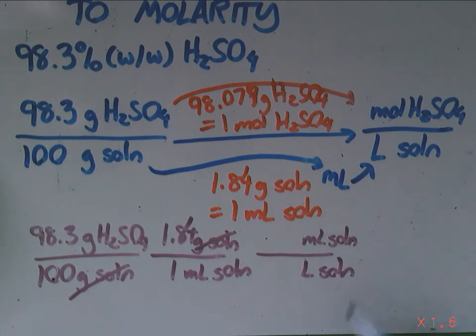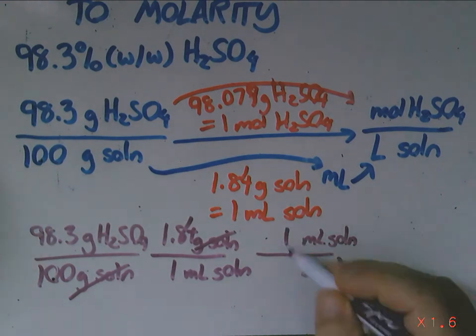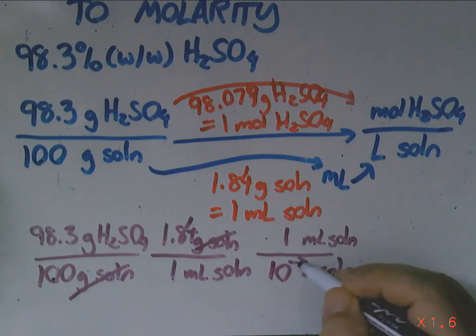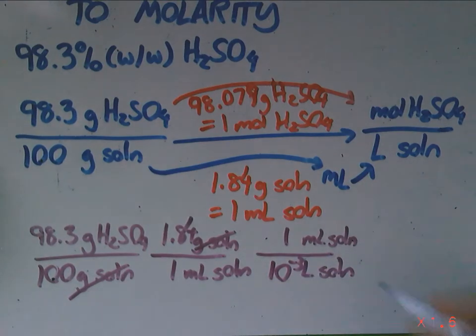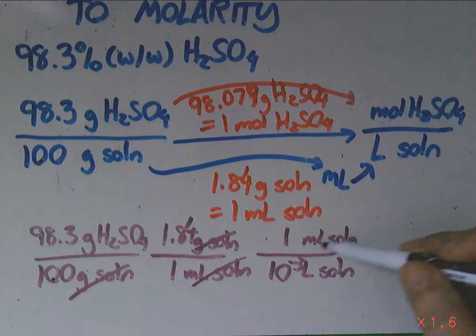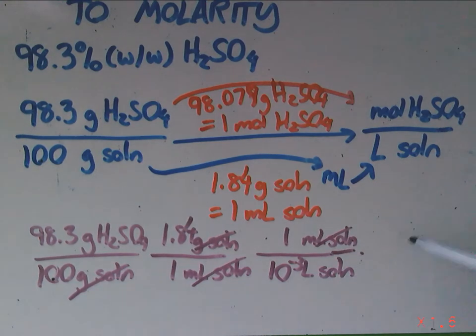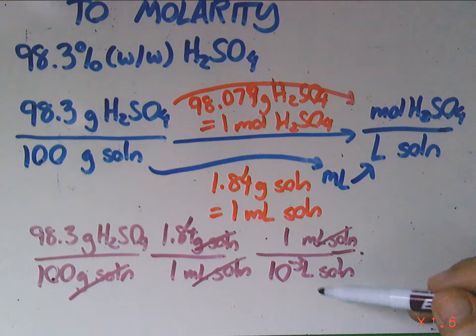And 1 milliliter is 10 to the minus 3 liters. And now I'm all done. I'm going to cancel out my milliliters of solution. I'm not going to put liters of solution on top and keep on canceling, because I'm where I want to be on the bottom part. So don't go further than you need to.